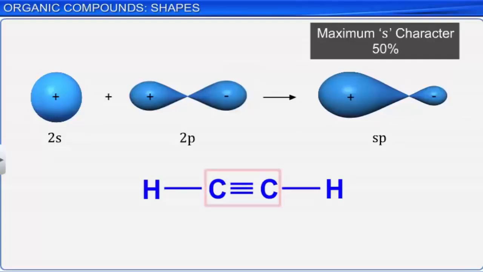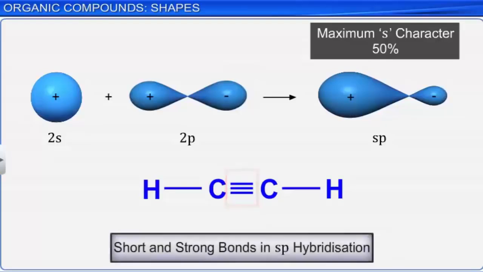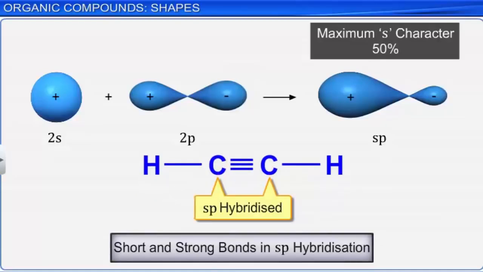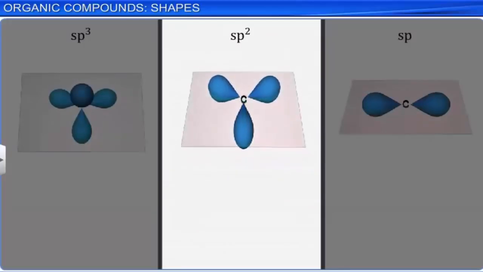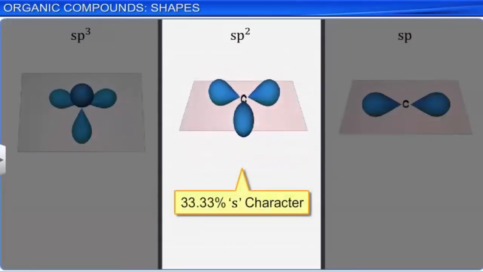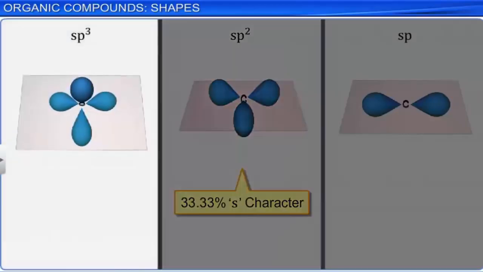Also, these effects result in shorter hybrid orbital, shorter bond length and greater bond strength of the bonds formed by sp hybrid orbital. In sp2 hybrid orbital, the s character is 33.3%, and in sp3 hybrid orbital, the s character is only 25%.